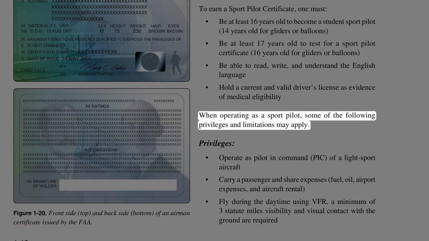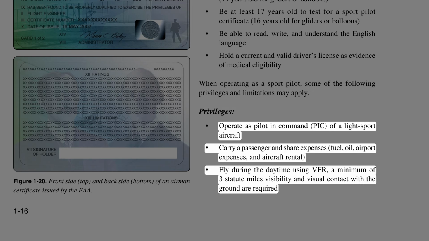When operating as a sport pilot, some of the following privileges and limitations may apply. Privileges: operate as pilot in command of a light sport aircraft, carry a passenger and share expenses such as fuel, oil, airport expenses, and aircraft rental. Fly during the daytime using VFR; a minimum of 3 statute miles visibility and visual contact with the ground are required.